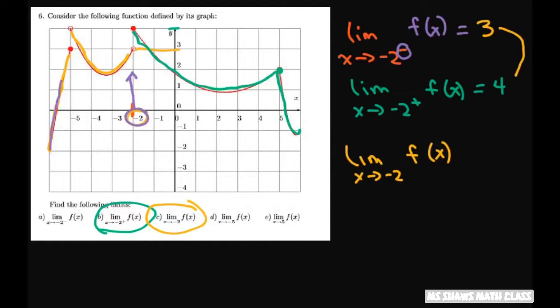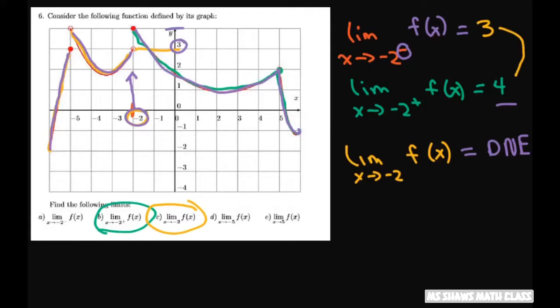So you travel this way and come at point 3. Your friend travels this way, and she ends up at 4. So since the limits aren't the same, that means it does not exist because you did not meet up at the same place. All right?